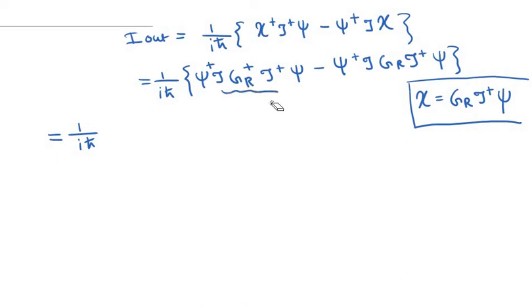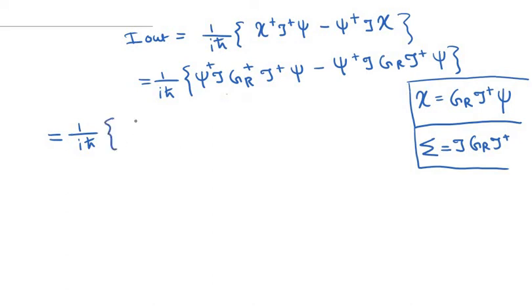What is this term? So this, if you remember, is sigma dagger. So sigma was basically equal to tau g_r tau dagger, if you remember. So this part is precisely equal to sigma dagger.